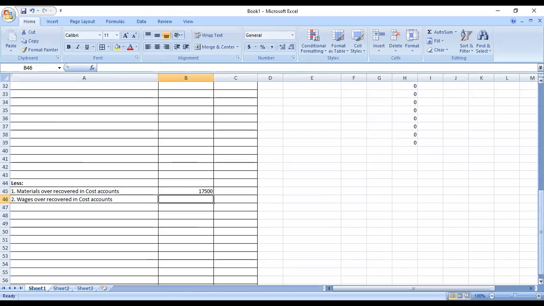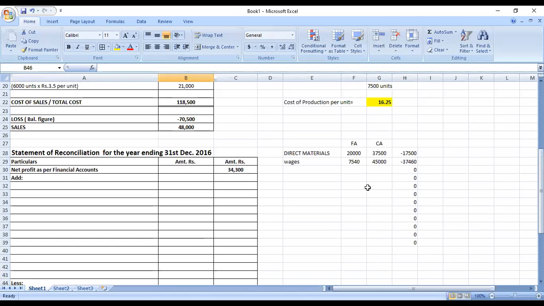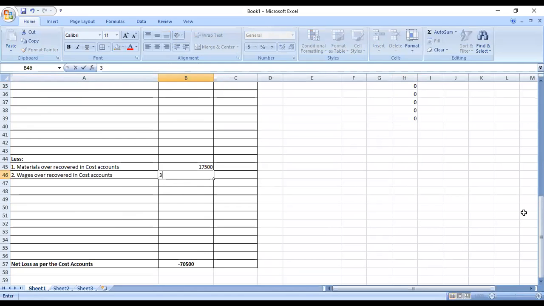Over recovered is a term used in costing only: under absorption, over absorption, over recovery, under recovery. Over valuation is not a part of it, there can be both in financial accounts, but over recovery, under recovery, absorption, over absorption, under absorption, the terms are used in cost accounts only, therefore I use the words cost accounts. So how much is it, students? 37,460. Is it clear to all of you, I hope all of you understand.